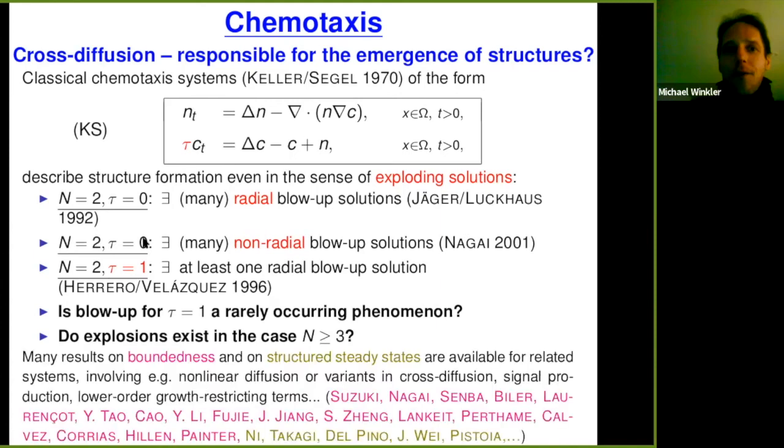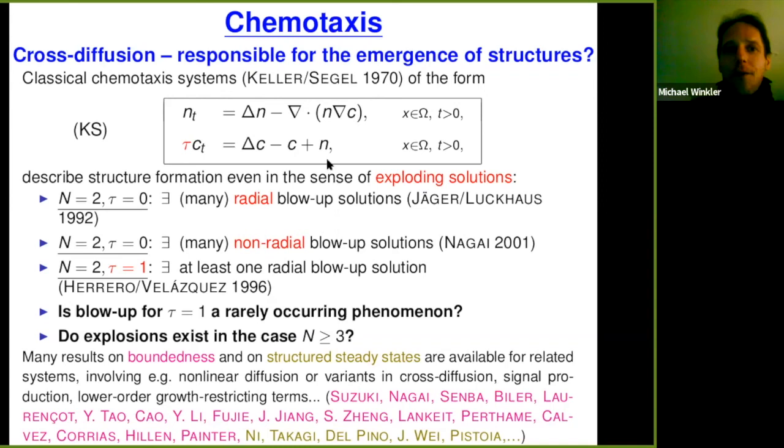And just to add some remarks here, I should say that there is a huge literature on chemotaxis problems. And I would say that 95% of the, I mean, if you just count pages in the literature, maybe not the quality necessarily, but if you count pages, then 95% are on boundedness results.